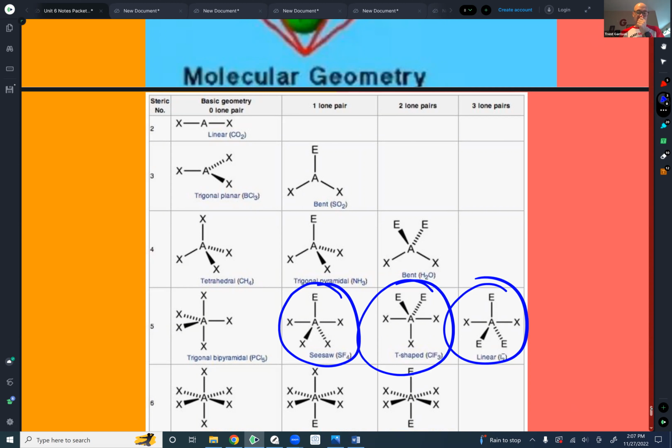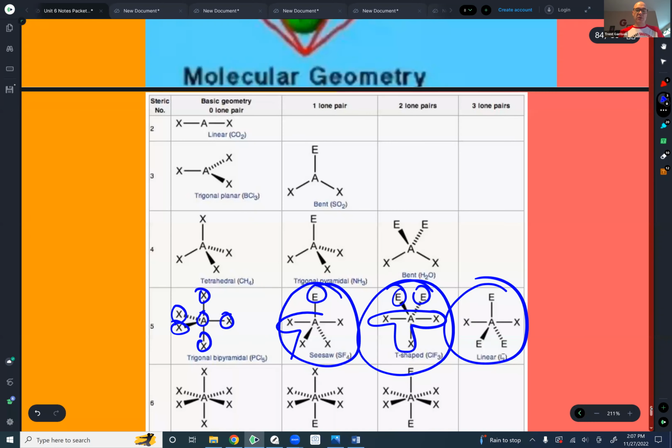In these examples, only where we have X's is where there is an atom. The A is the central atom, and the X's are the ones that are around it. So these E's over here, those are extra electrons. And so you notice we're starting to get fewer and fewer as we go along.